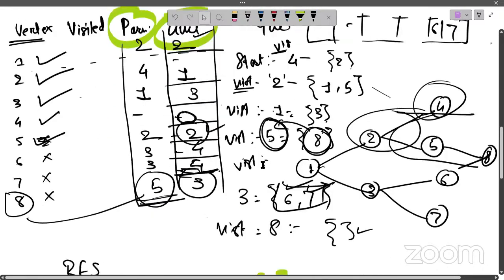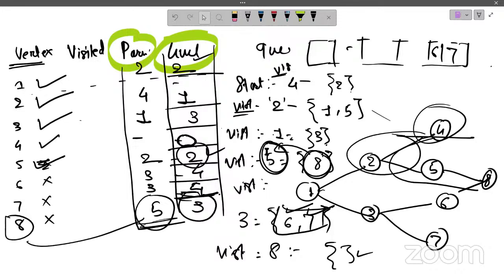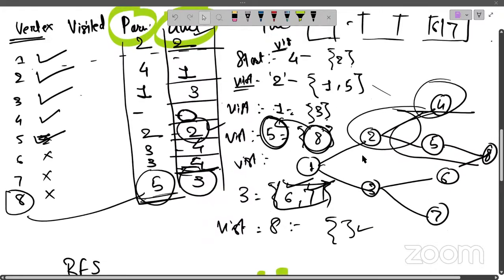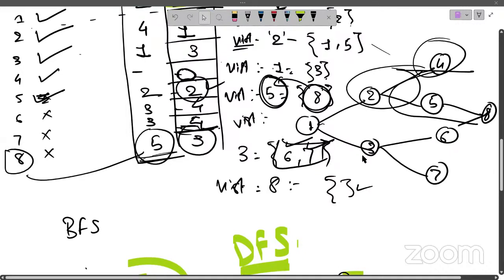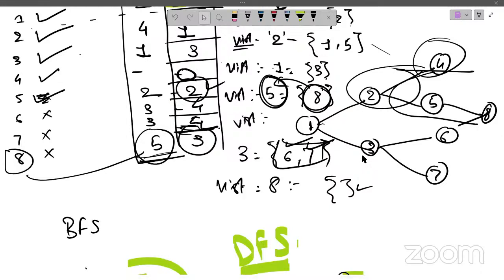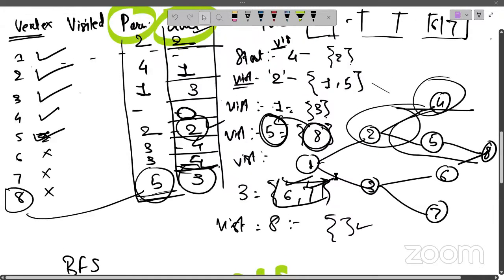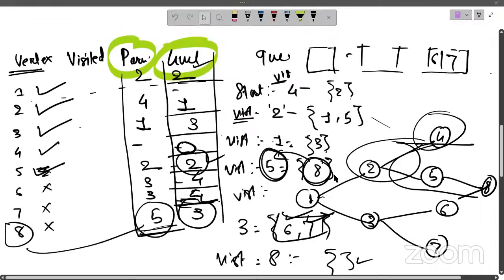Ma'am, on the neighbors, can you explain a little more? So edges are always about the path. There are two components, right? One is your vertices and another is your edges. The path is always your edge, which edge will connect.